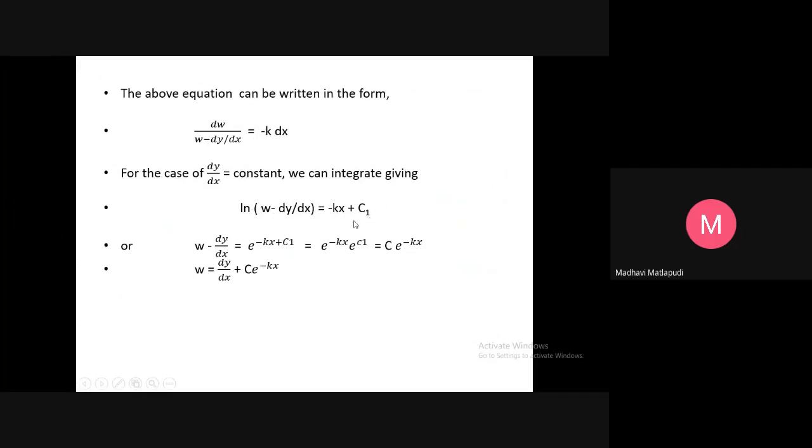Finally, substituting the constraints of the given condition, we can obtain the output displacement W as dy by dx, the ratio of the inputs, plus C into e to the power of minus Kx. So C can be obtained from the input conditions of the mechanism. So this is how a mechanism can be developed based upon the differentiation operation.